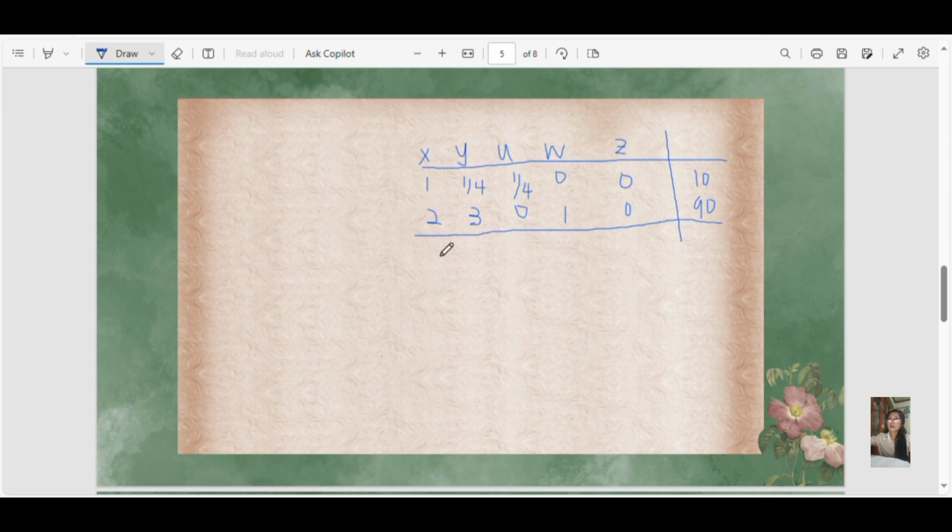Then also row 3, that is -5, -4, then 0, 0, 1, 0.